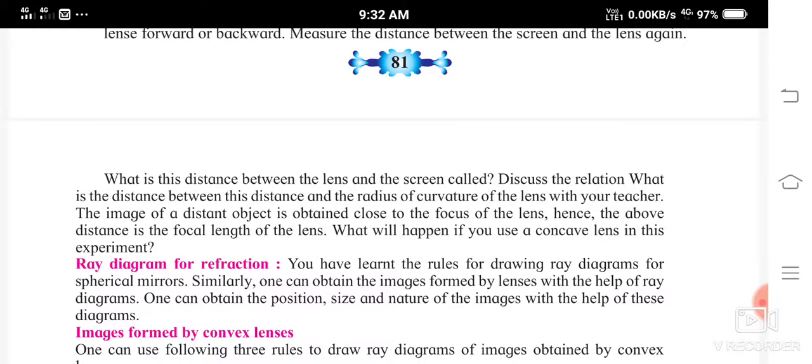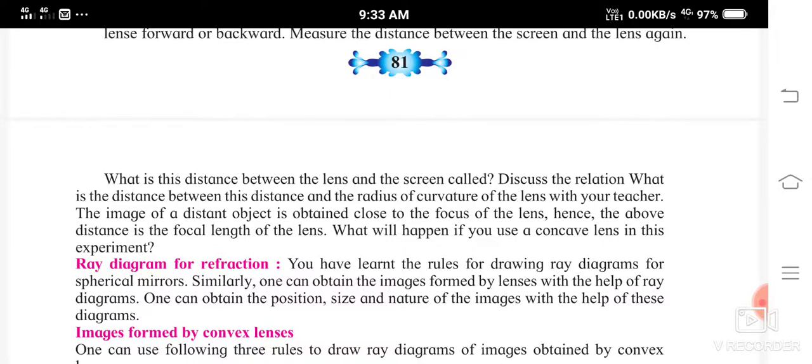At the focus you obtain the image. The point where you obtain the image is called the focus. So the distance between the focus and the screen is called the focal length.